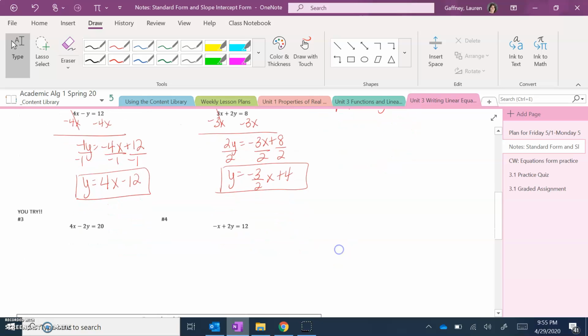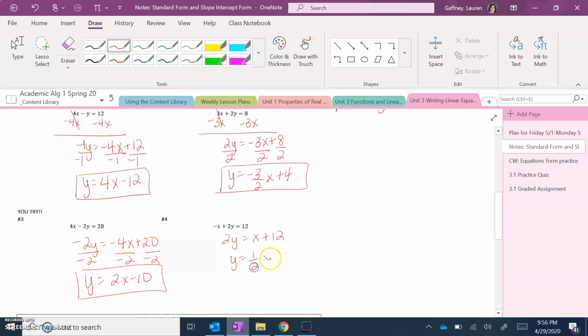If you want to push pause and try the other two, I'll put the answers here if you want to check yourself. That should be that one, and that should be that one.